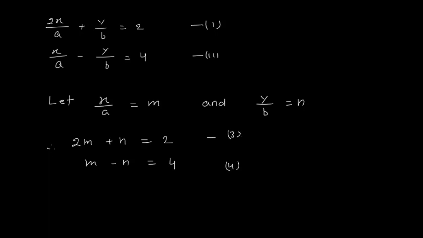Consider this as equation 2, not Roman equation. Now from equation 4, we have m equal to 4 plus n. From equation 4 we have m is equals to 4 plus n.